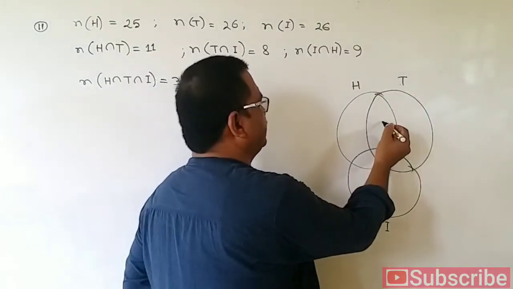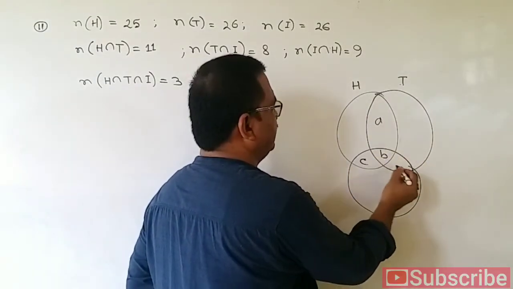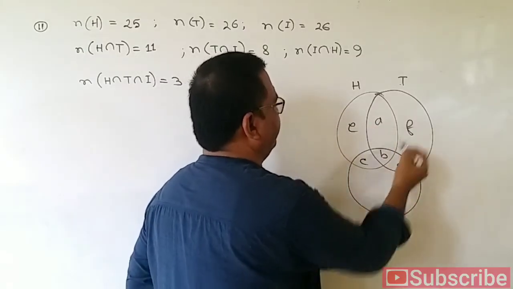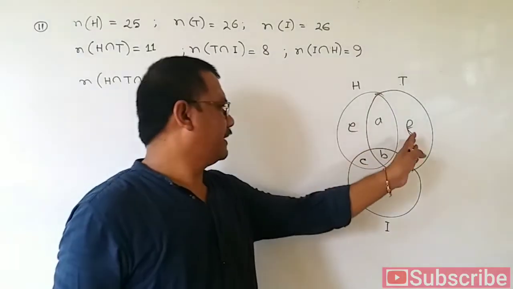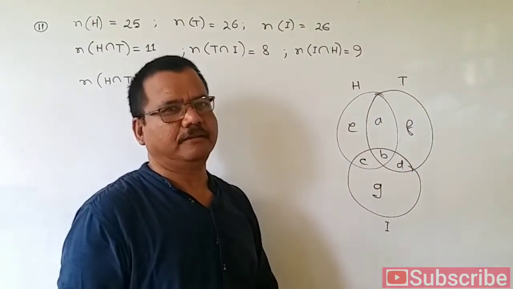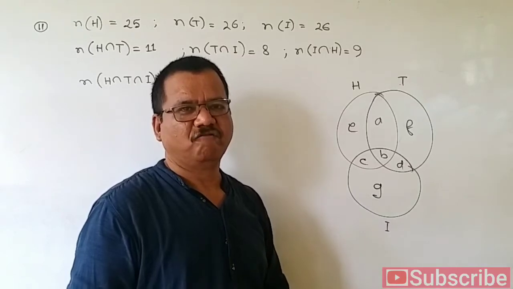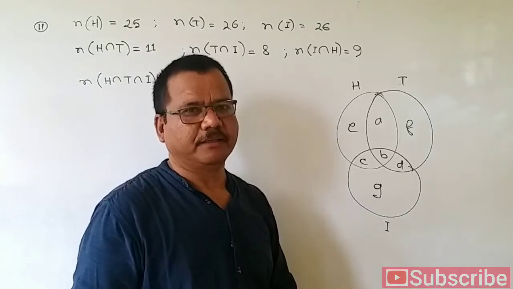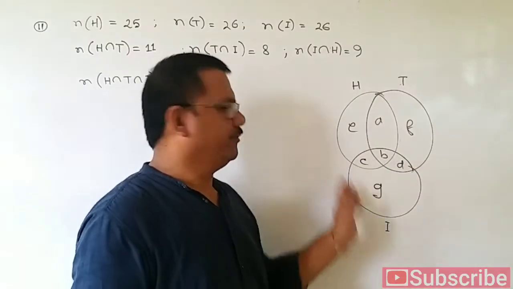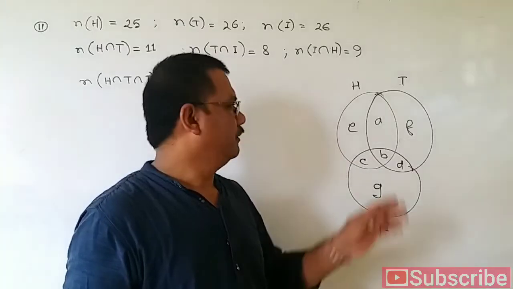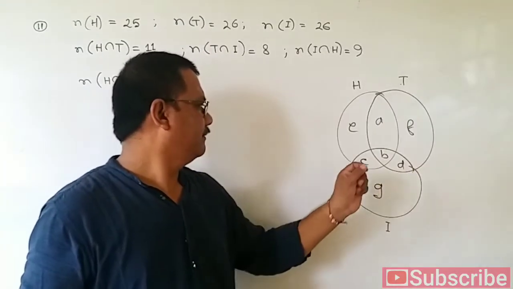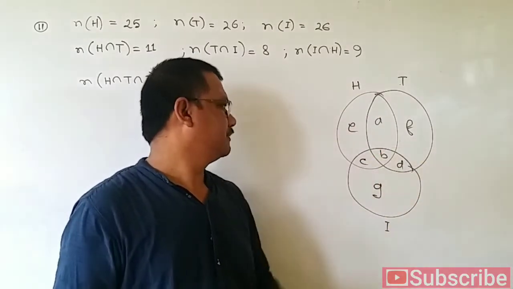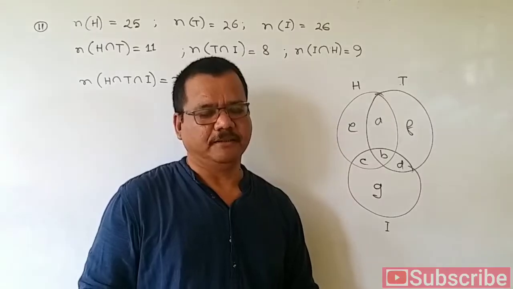Say this is A, B, C, D. Then E, F, Z. So E plus F plus Z is our required answer, the number of people who read exactly one newspaper. So from the union, meaning 52 people, we have to subtract A, B, C, D. Then we will get E plus F plus Z.